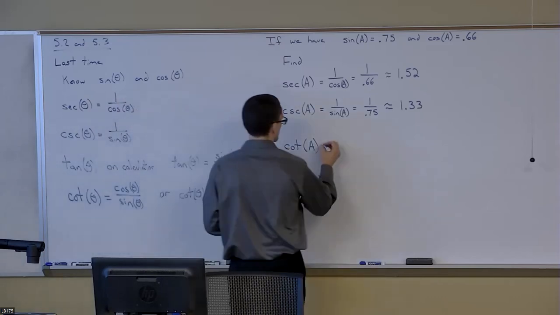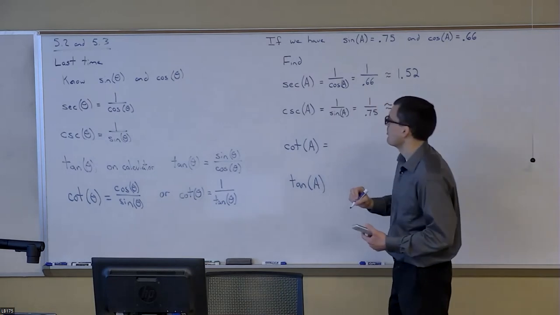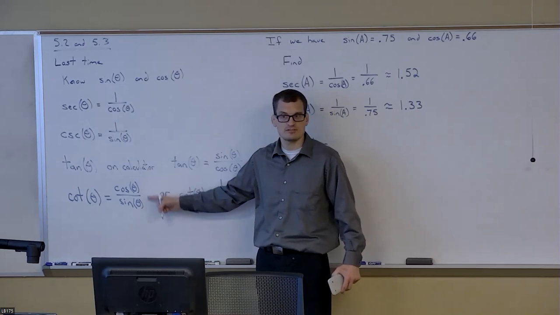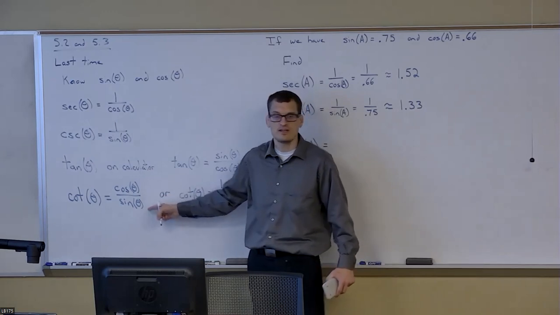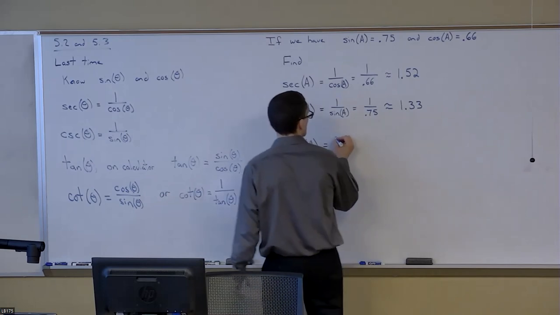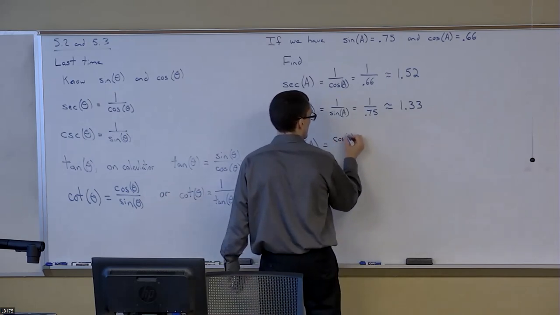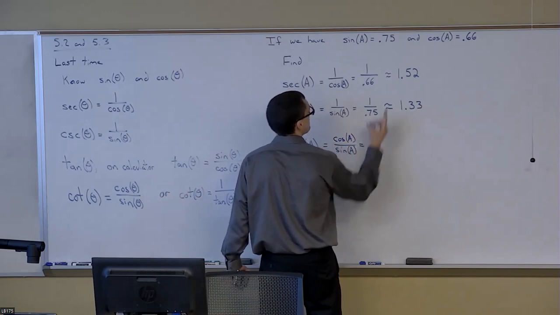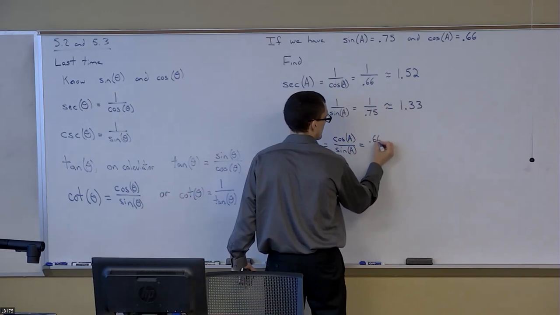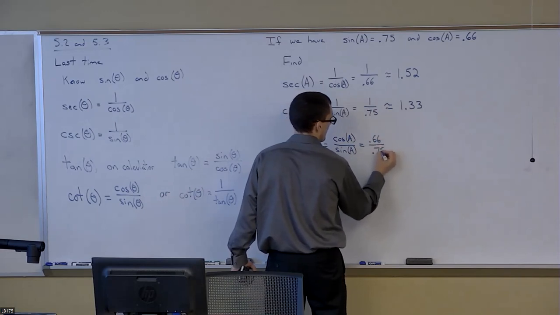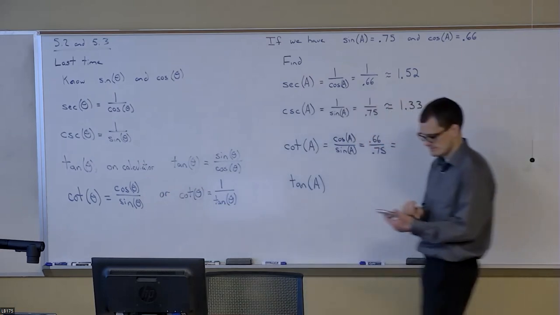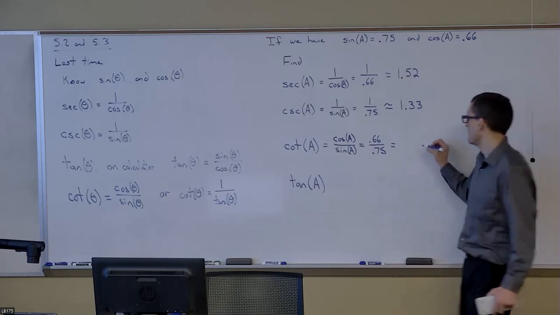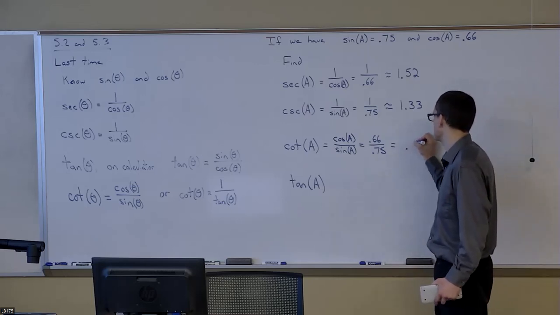Cotangent. Well, what I would do is I would use this version of cotangent since I have cosine and sine, right? So it's going to be cosine of the angle divided by sine of the angle, which in my case is 0.66 over 0.75. I got about 0.88. I got exactly 0.88.